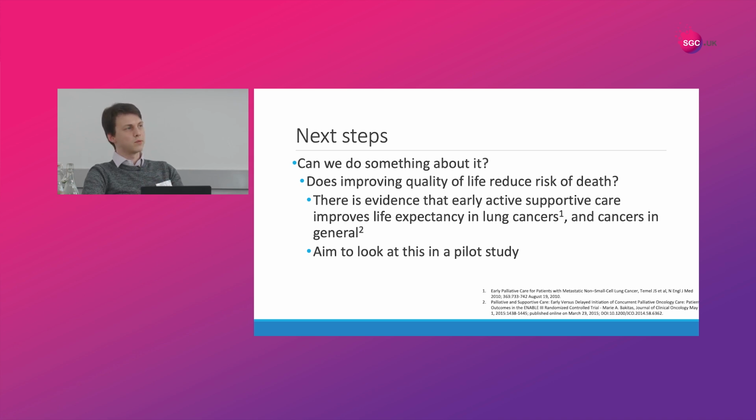Similar to what Dr. Berman was talking about in the presentation earlier, there is evidence in a general sense that good supportive care does improve life expectancy with cancer, in the absence of anti-cancer treatment specifically. So we think that it is likely that if you do engage with supportive care and we can improve the quality of life, you would expect that risk to then reduce. But we don't know that at the moment.